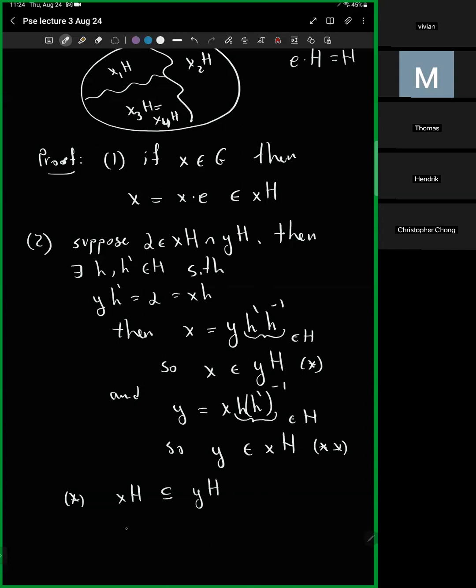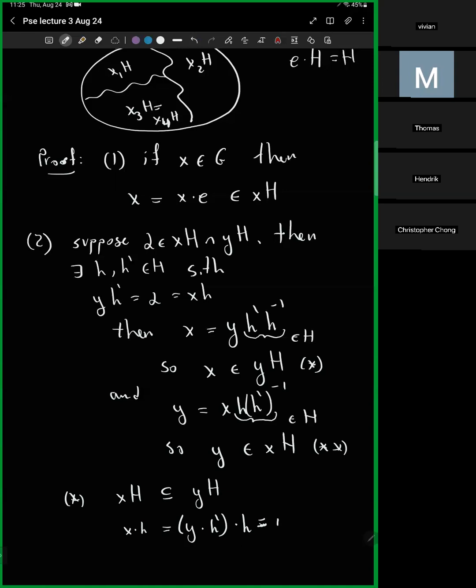I take an element of xH, then it is of the form y times h prime, and this times h. But now I use associativity.